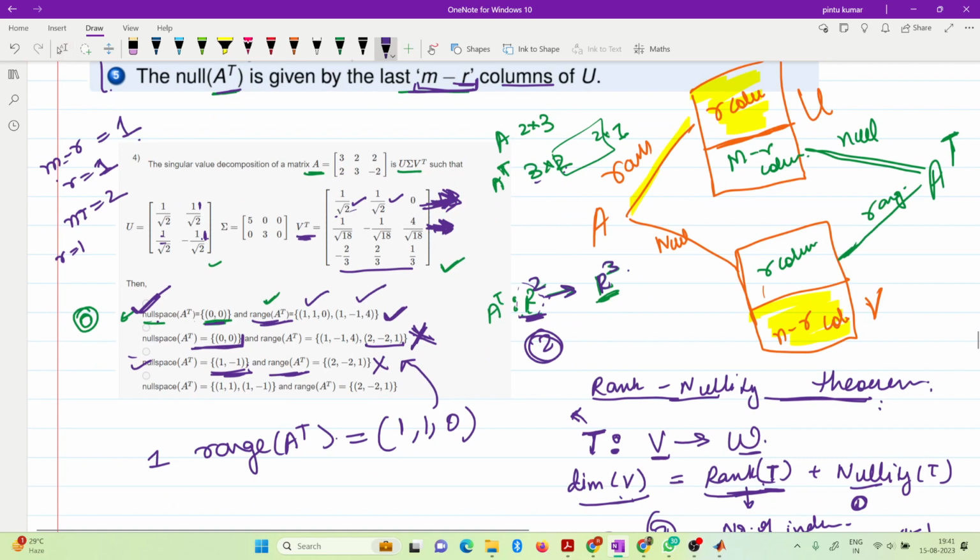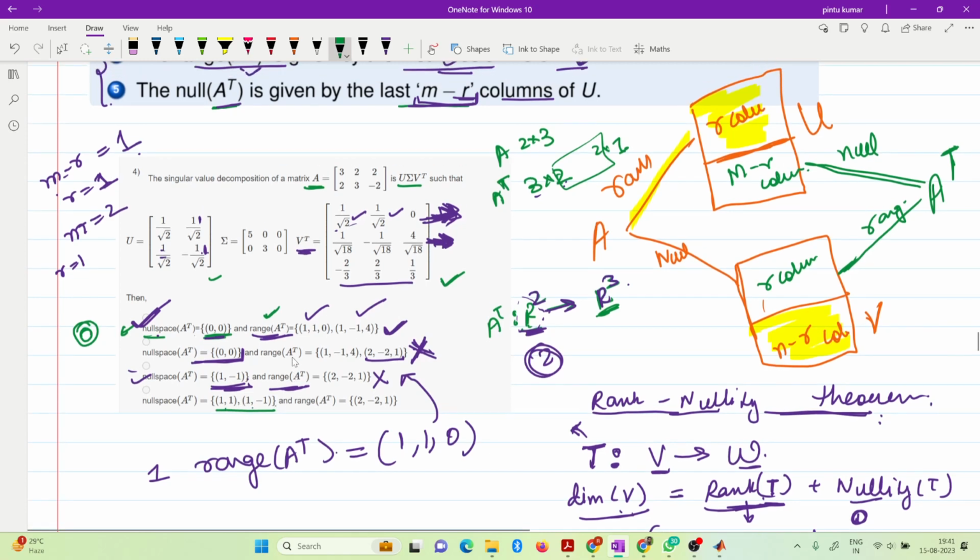Now let's look at the last one also. This is quite straightforward. It says that the null space of A transpose has two elements. One is 1, 1 and another is 1, -1. So null space can have M minus R columns, right? So it has already two elements.